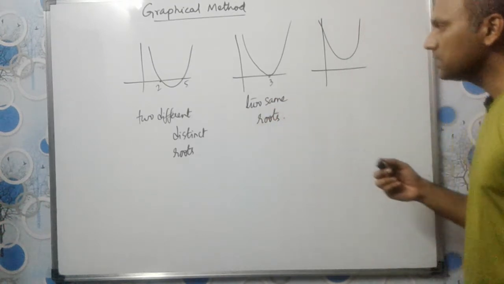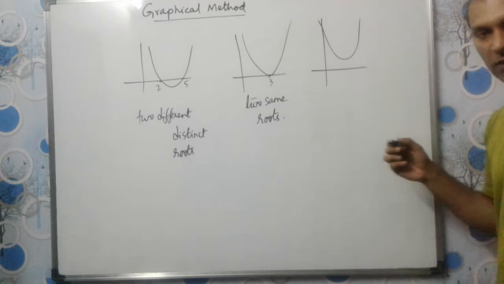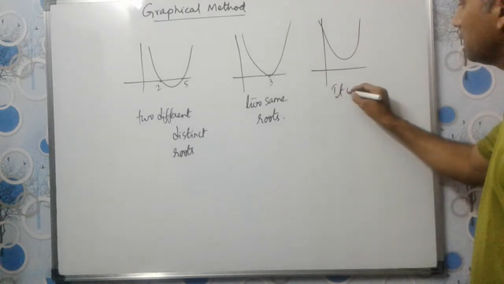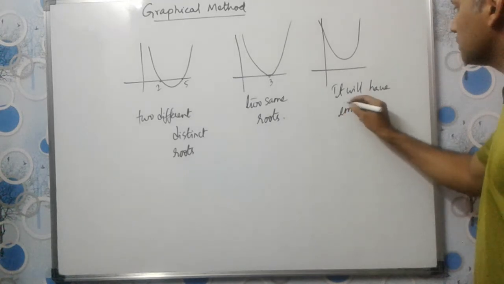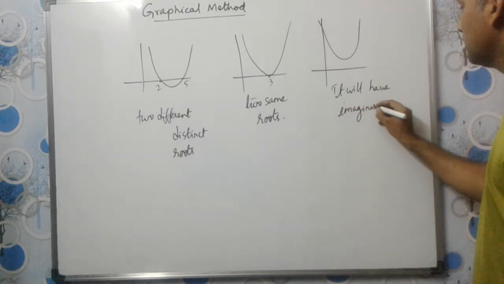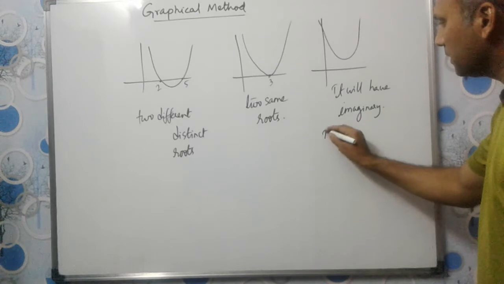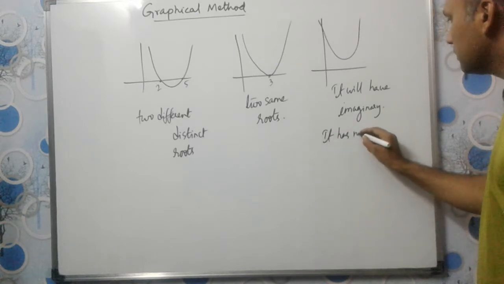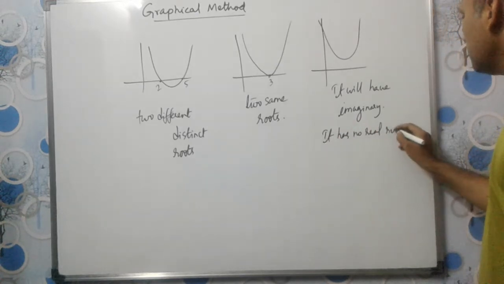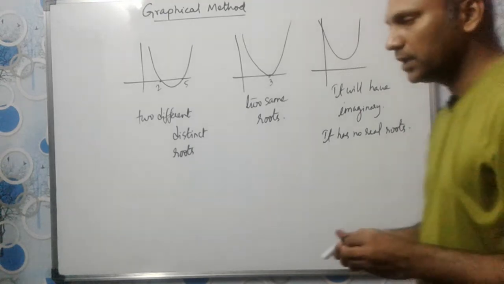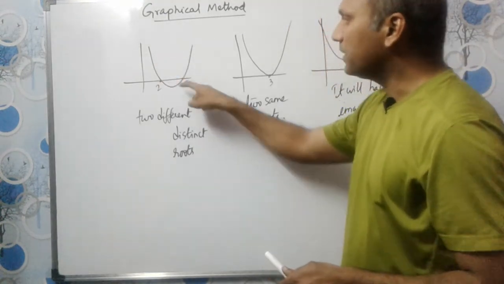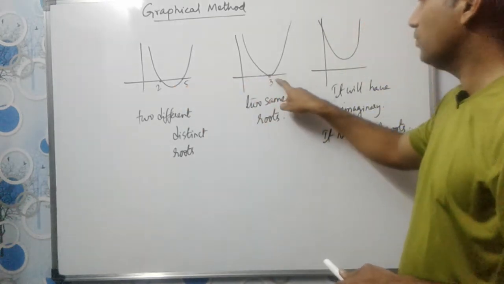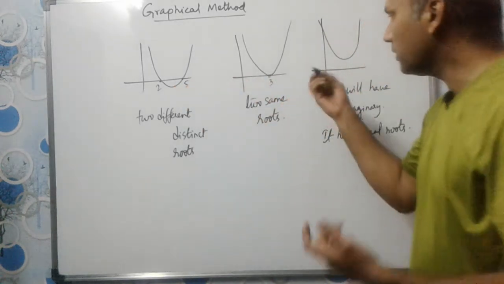In this third case, when the graph is not touching x-axis at all, it will have imaginary roots. Or you can also write it has no real roots. Okay. Only these 3 cases are possible. Either the graph will touch x-axis at 2 different points, at one point, or it will not touch at all.